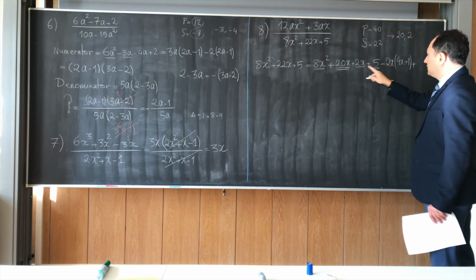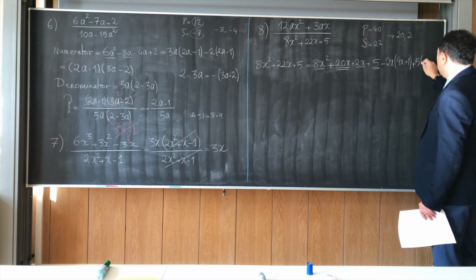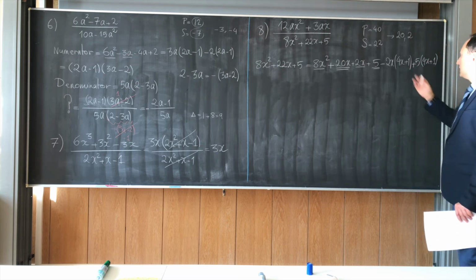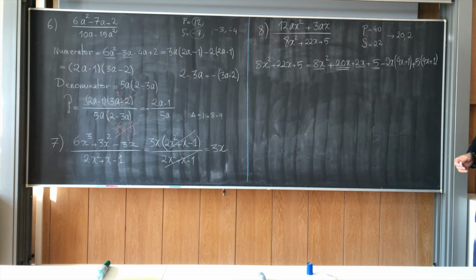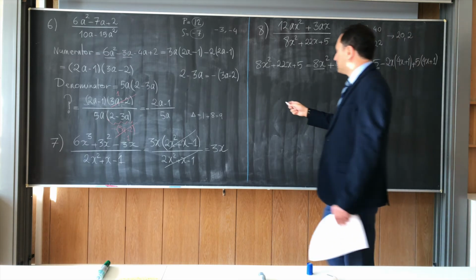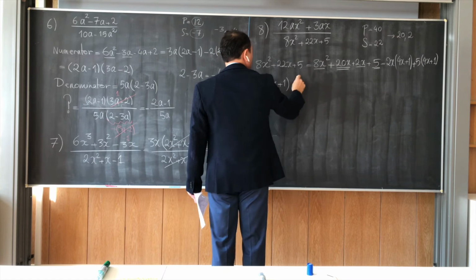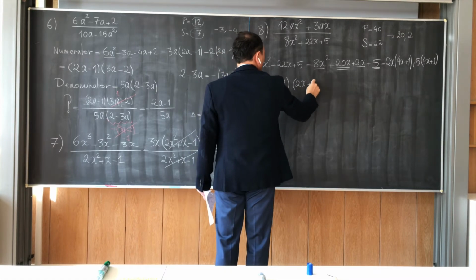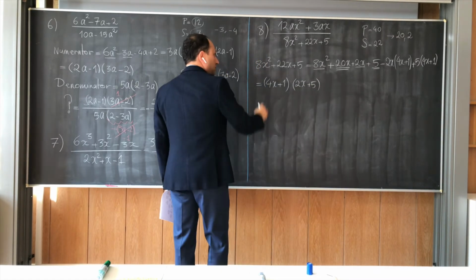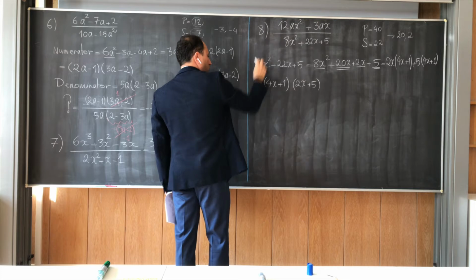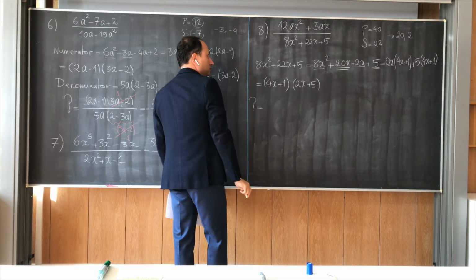And then if I factor 5 from these two, you see that the common factor I was looking for emerges, and that is 4x plus 1. I factor 4x plus 1 out, so this becomes 4x plus 1 multiplied by 2x plus 5. Yes?